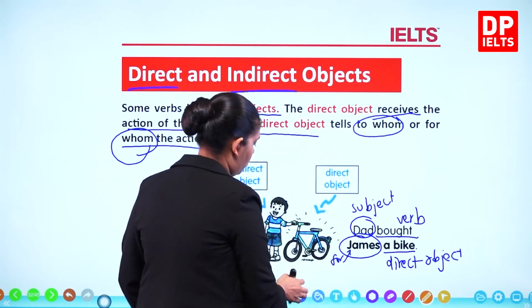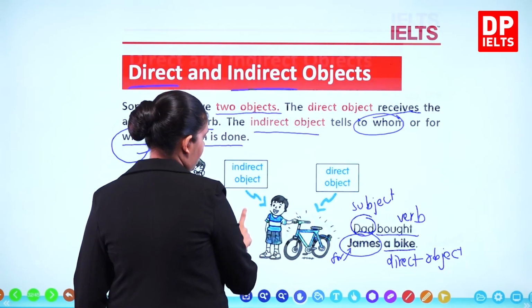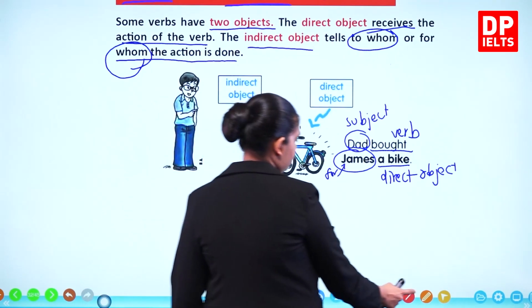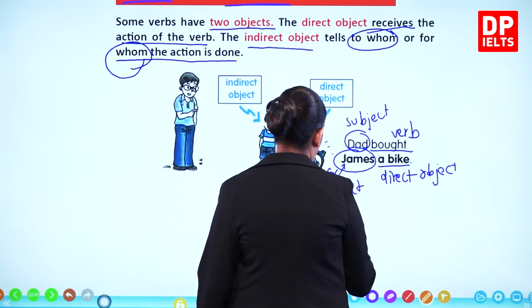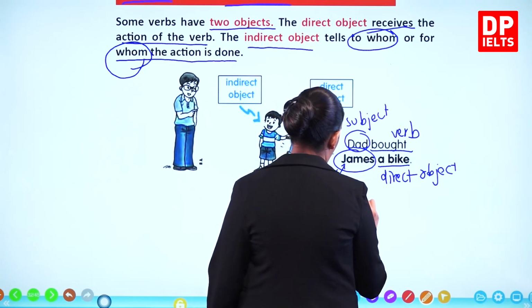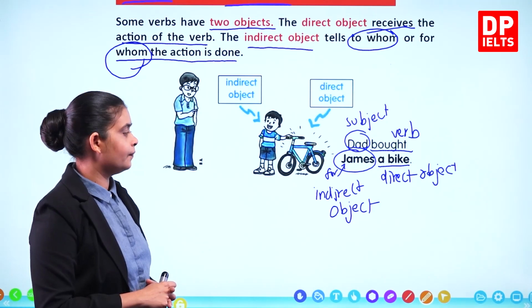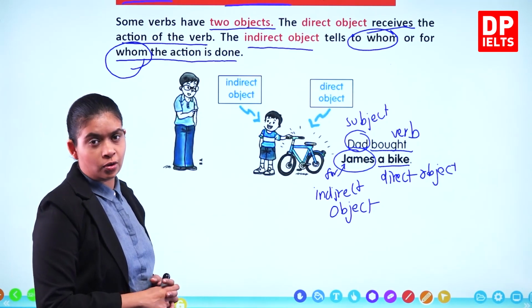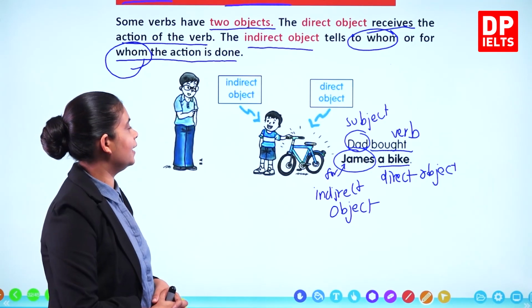So therefore, James becomes the indirect object. So here you can see that the sentence has two objects, one direct object and one indirect object, right?